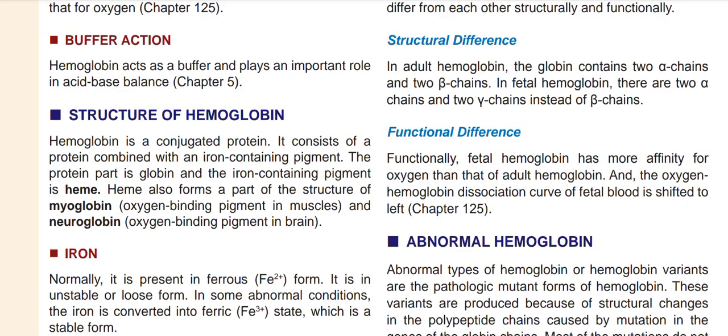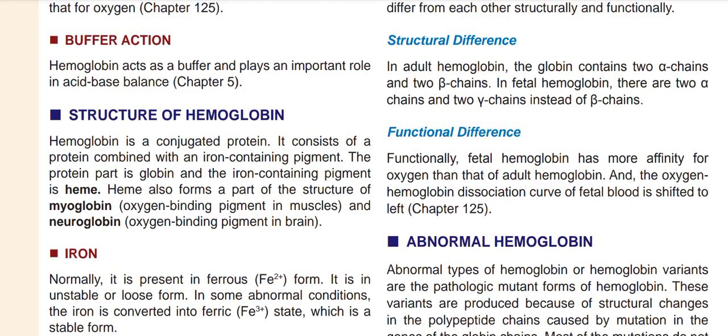Now, function is complete. Now we'll start the structure of hemoglobin. Hemoglobin is a conjugated protein. It consists of a protein combined with an iron-containing pigment, and the protein part is globin, and the iron-containing pigment is heme.